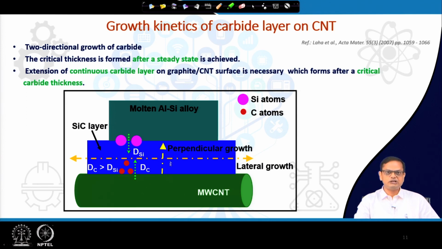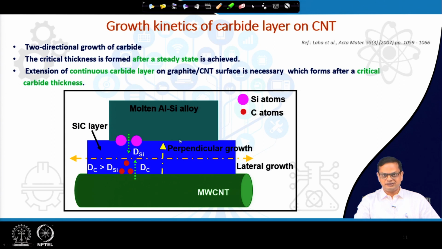One is the perpendicular direction growth, which is completely dependent on the diffusivity of the elements, and then you have lateral growth, which is much easier because you have a free surface available, with aluminum silicon alloy coming here, seeing a free surface of the graphene layer and forming the carbide. Now, at a particular thickness, which we call the critical thickness, the thickness would be so high that there will be negligible diffusion of the silicon atoms or the carbon atoms as well.